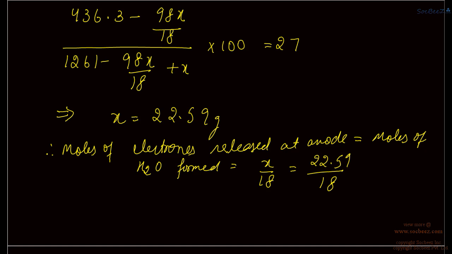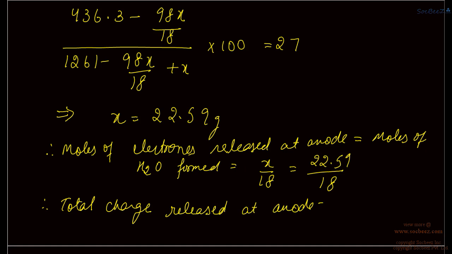Now the moles of electrons is 22.59 upon 18, therefore the total charge released at anode: since 1 mole of electrons has a charge of 96500 coulomb, this much amount of moles of electrons will have a charge of 22.59 upon 18 into 96500 coulomb.